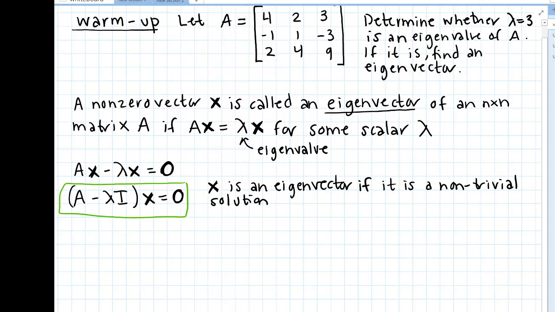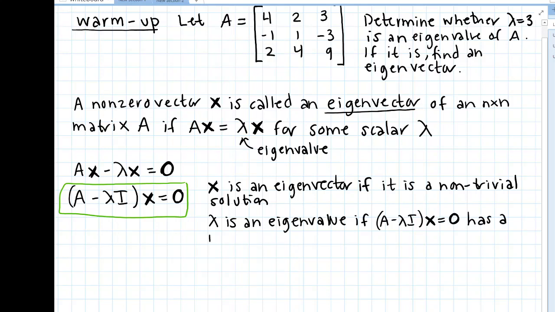And then if you're trying to figure out in general whether a number lambda is an eigenvalue, I probably should have reversed the order that I'm writing these two lines, because it makes a little more sense in the other order, but that's okay. Lambda is an eigenvalue if that same equation, A minus lambda I times x equals 0, has a non-trivial solution.